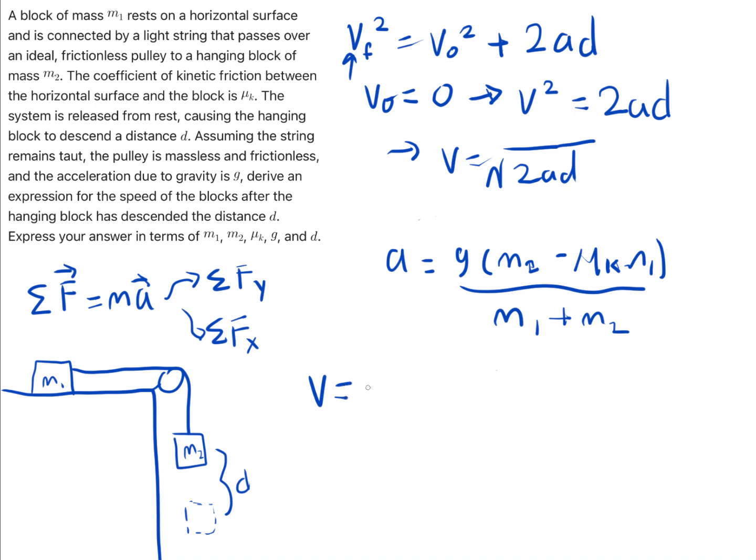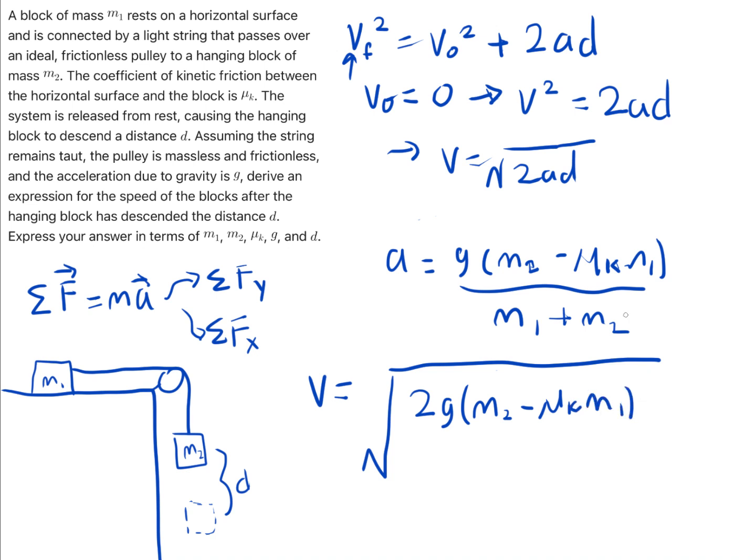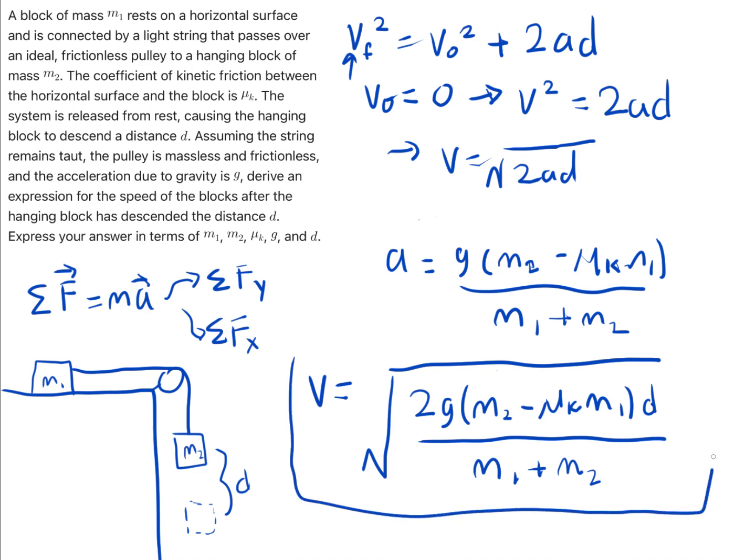So v equals the square root of 2, we can plug in a, so that's g times m2 minus mu k m1, and we still have this d at the end, and this is going to be all over m1 plus m2, and this is the final speed, so this would be our final answer.